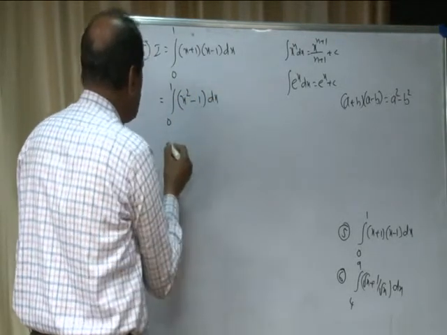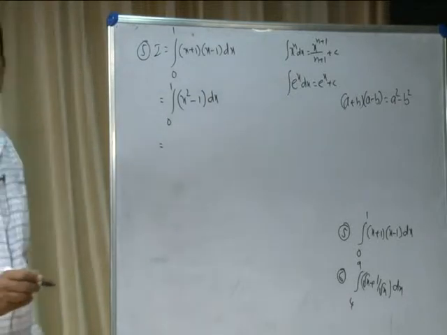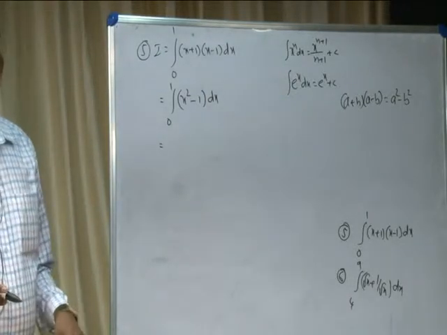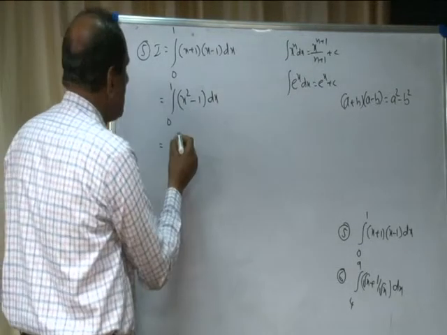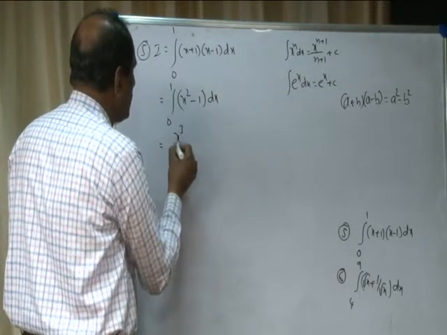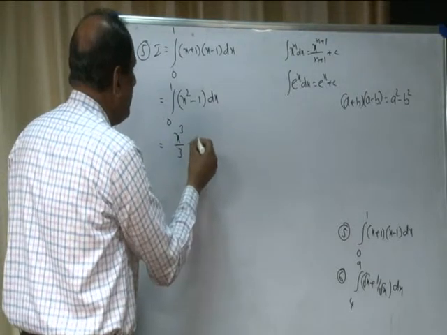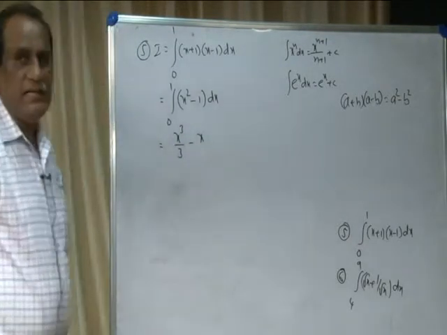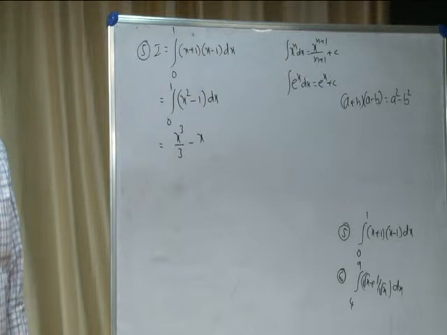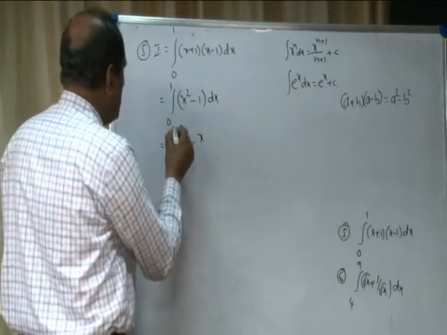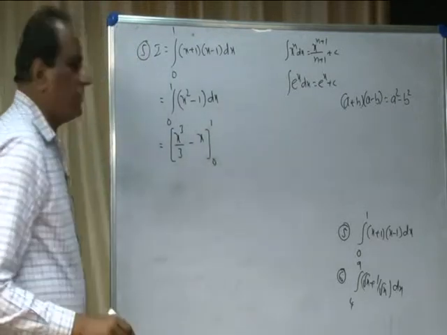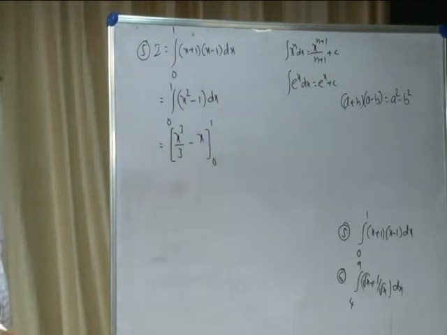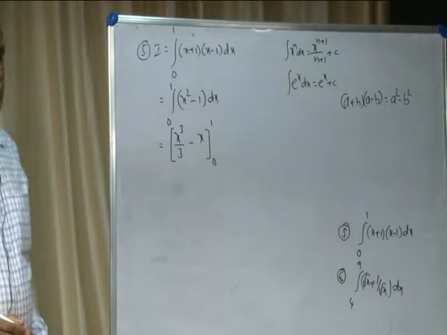Now, after simplifying the integrand, integrate term by term. Integration of x square is x cube by 3. Integration of 1 with respect to x is x. Now apply the limits 0 to 1, upper limit is 1, lower limit is 0.